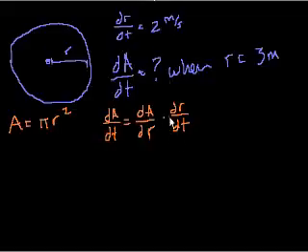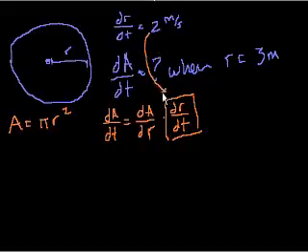We already know this piece, the rate at which r is changing with respect to time. That's right here. So all we have to figure out is the rate at which A changes with respect to r. Well, that's just the derivative with respect to r.